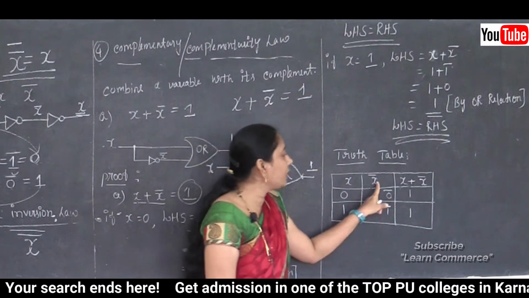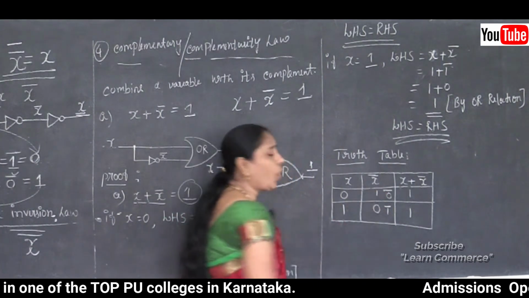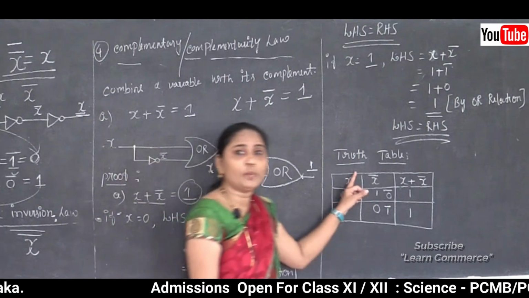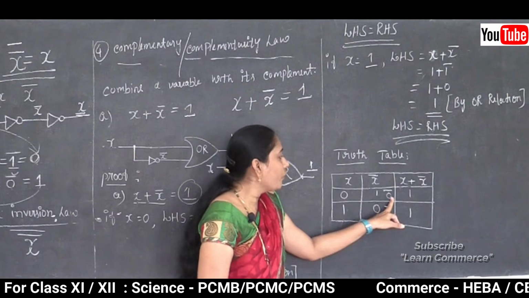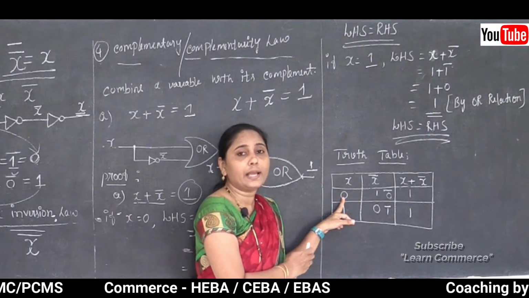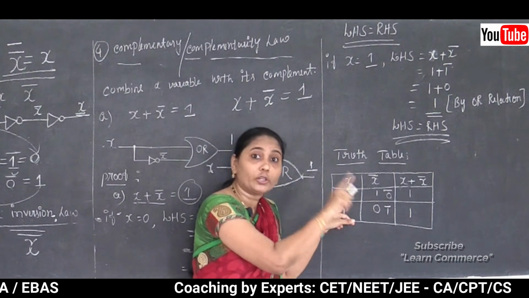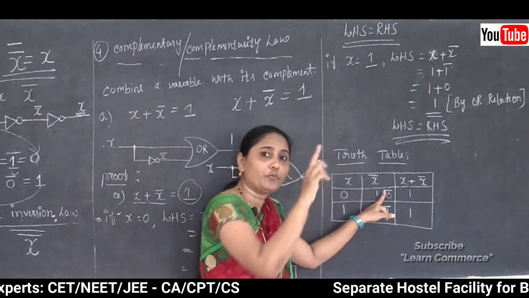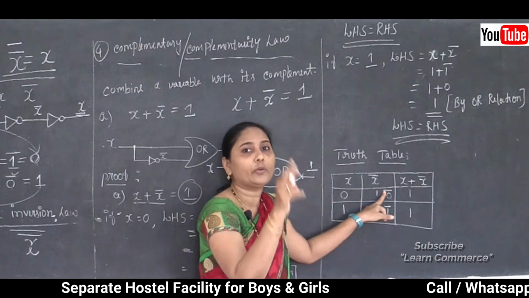And later, the second column is complement of x. So the second column consists of complement of x values. First of all you have to take the x value. What's the value of x? The x value is 0, and its complement is called not false. So if you are using not false, that means the value is true. What's the value of true? The true value is 1.